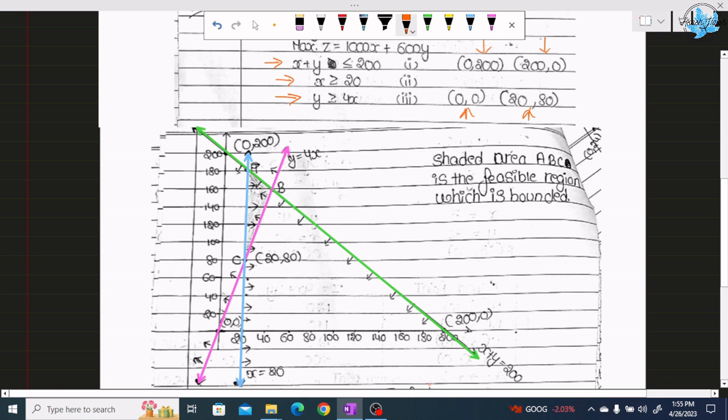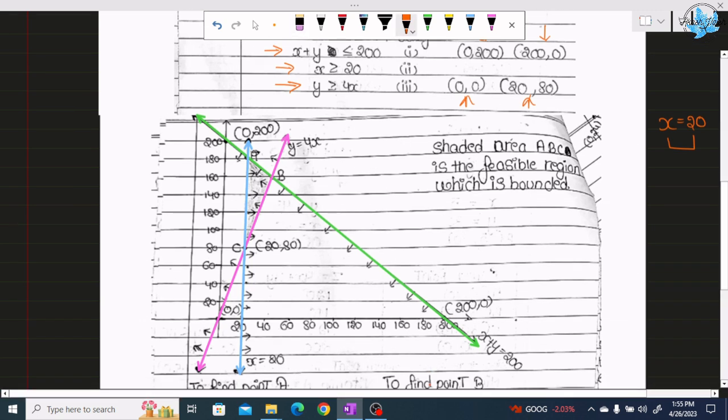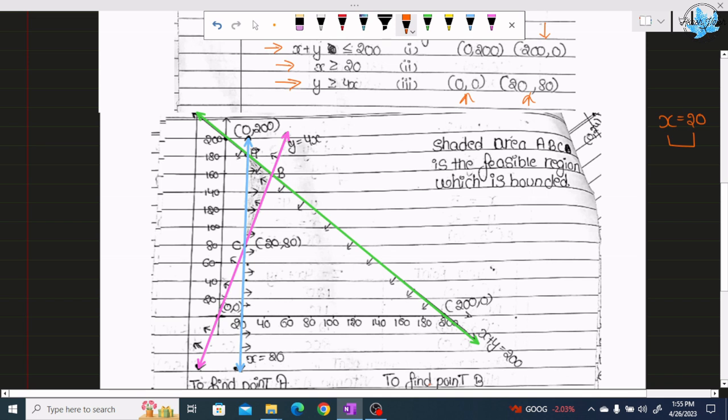Then the second equation is x is equal to 20. So x is equal to 20 will be a line parallel to the y-axis. The blue line, which passes through x equal to 20, is parallel to the y-axis. So the blue line is of the second equation.